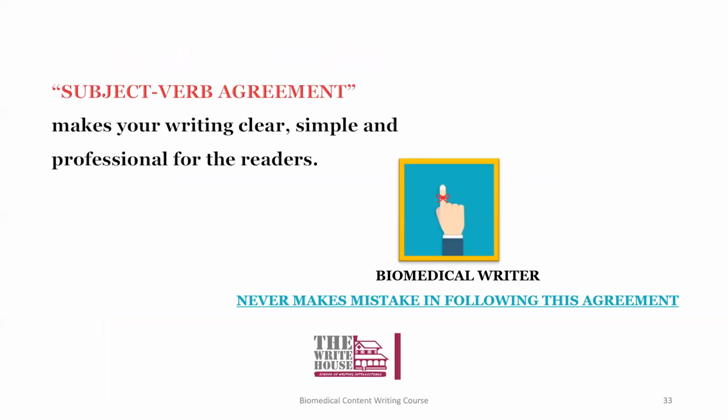Now, subject-verb agreement actually makes your writing clear, simple, and professional for the readers. And a biomedical writer never makes mistakes in following this agreement. So just remember, in your sentence, check for two things. First is whom we are talking about. What is the subject of my sentence? Whether we are talking about the procedure or the person or the doctor or the nurse or the patient. Second, what exactly they are doing.